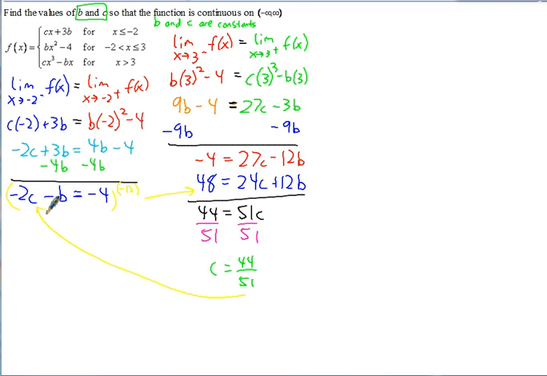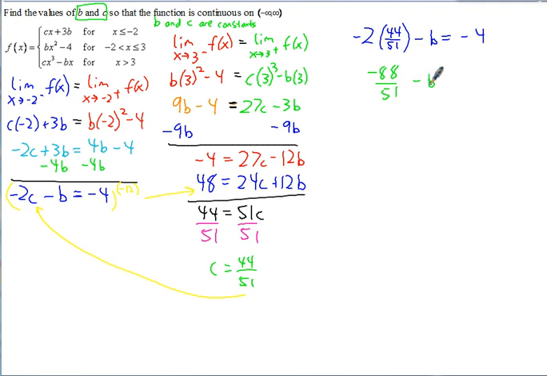So if we substitute in there, we have negative 2 times c, which we just figured out is 44 over 51, then minus b, which is what we're solving for, equals negative 4. So negative 2 times 44 is negative 88 over 51.